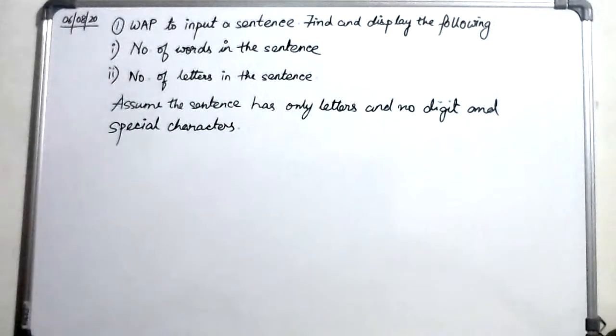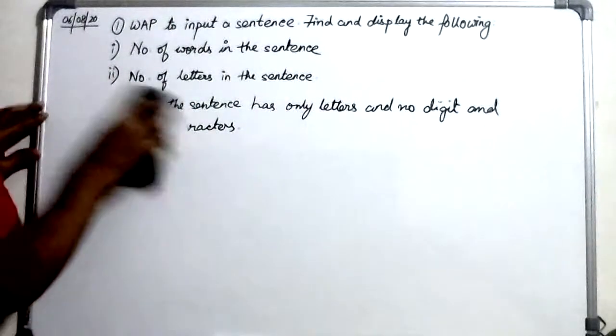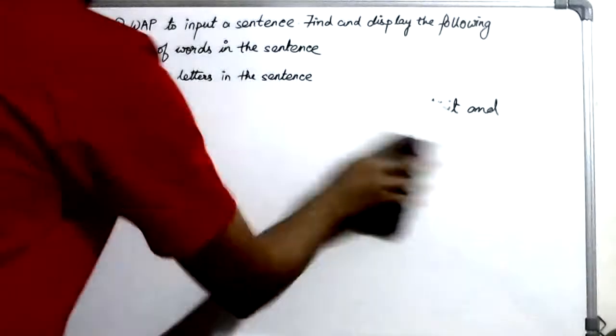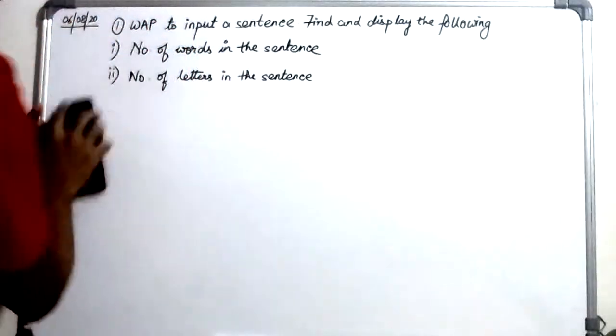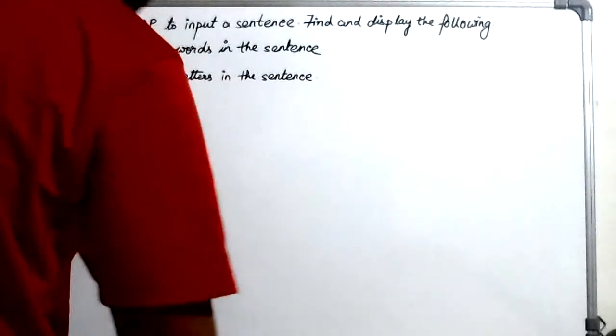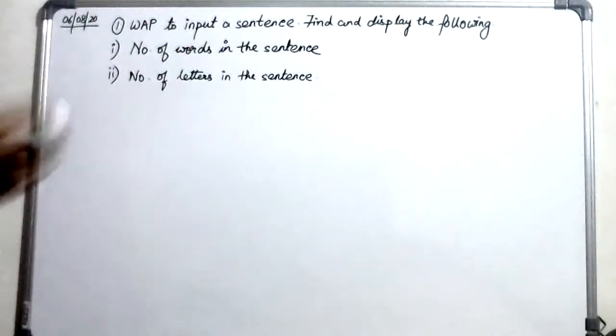Okay, so let's take a look at how we are going to solve the question. I'm just rubbing off a portion of this to make a bit more space. Now let's take an example and see how we are going to apply the functions that we have learned so far.